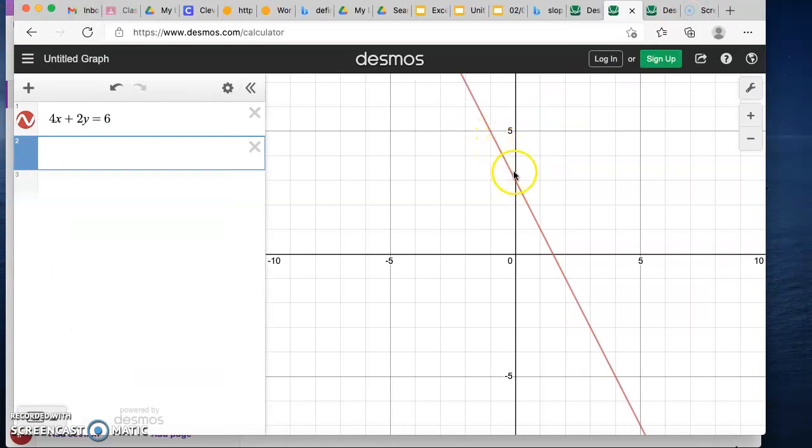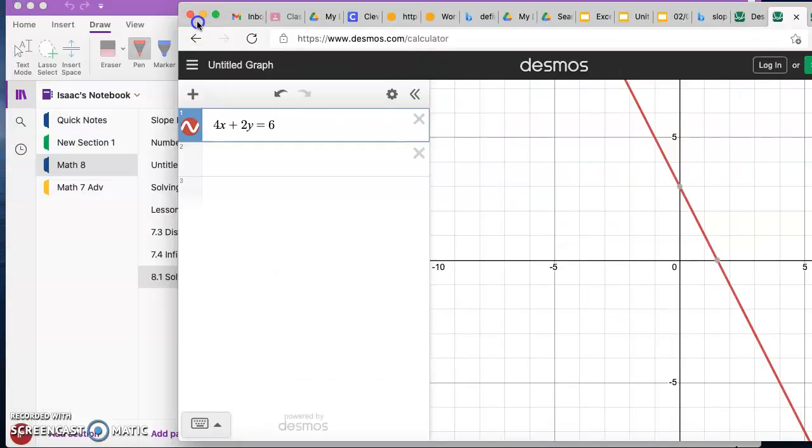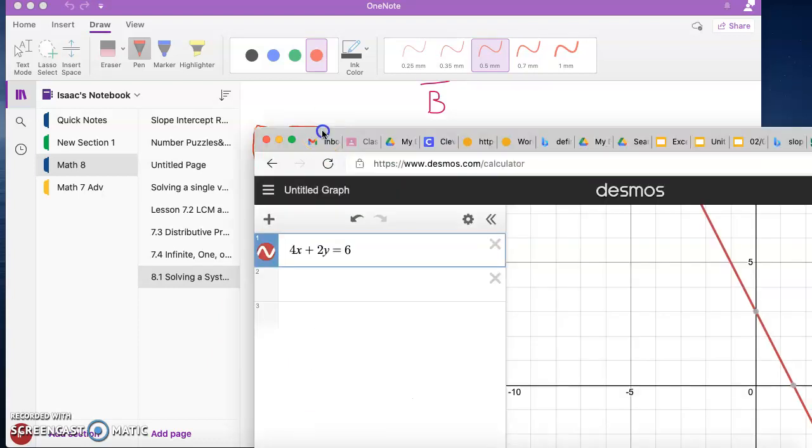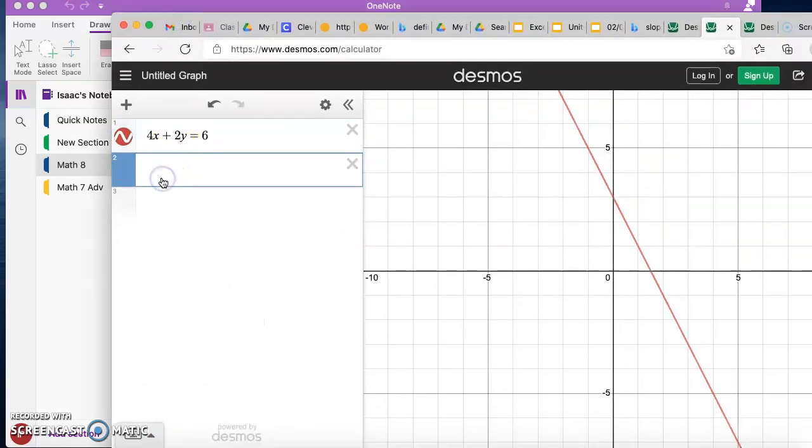So you can see the way that the line looks. It looks like it has a slope of negative 2, meaning it goes over 1 and down 2 between any 2 points. And now for the slope-intercept form version of this one that we just figured out, it is y equals negative 2x plus 3. So let's graph that on the same one.